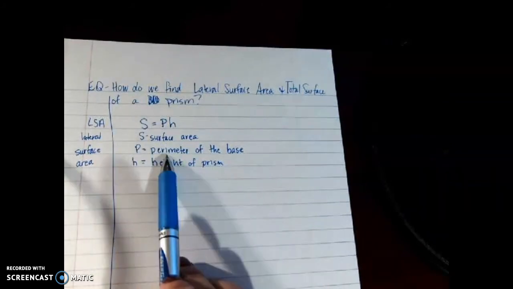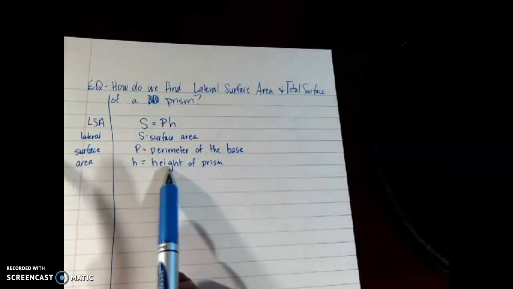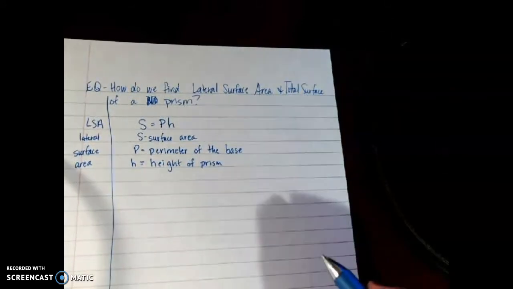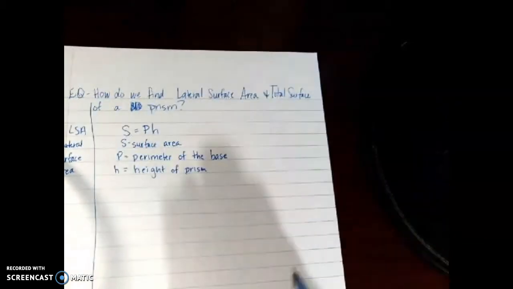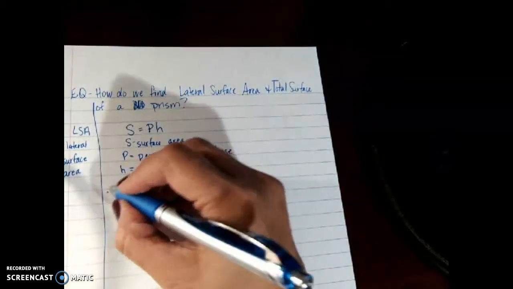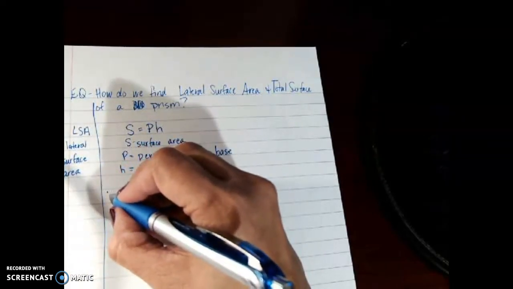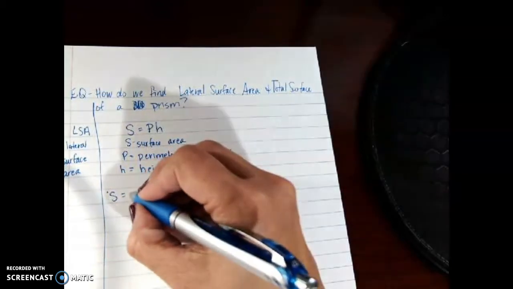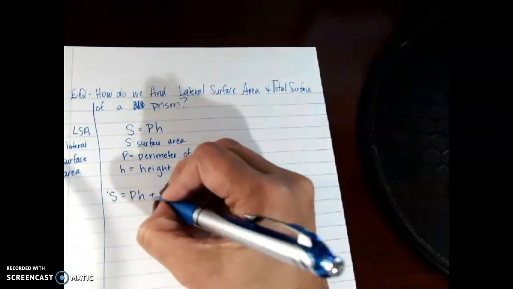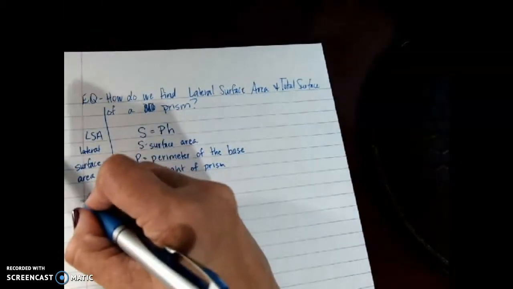S is for surface area. P is the perimeter of the base. And H is the height of the prism. Okay, and then we have total surface area. Okay, this is total surface area.